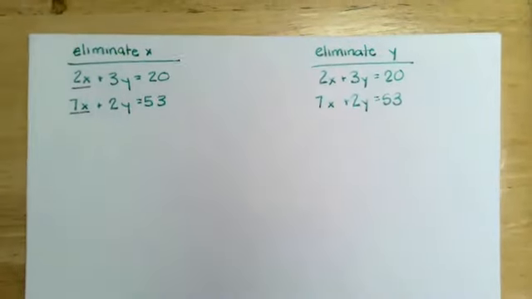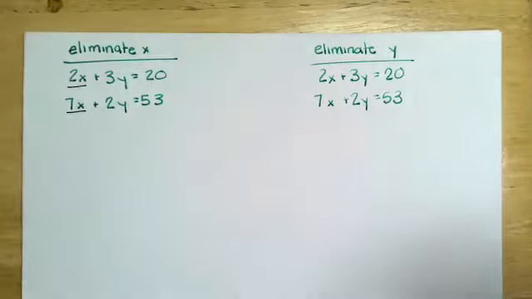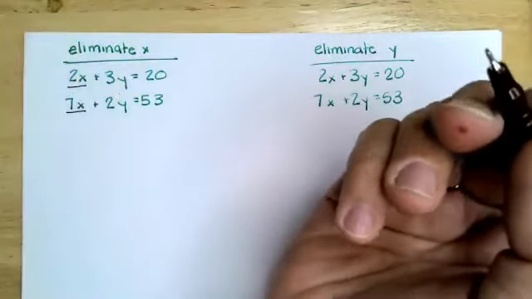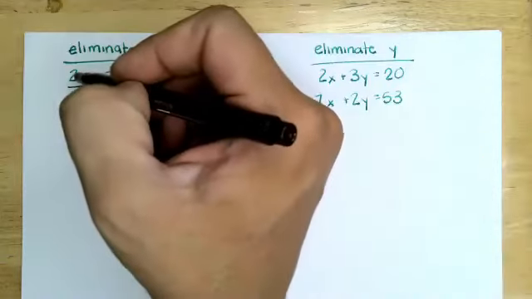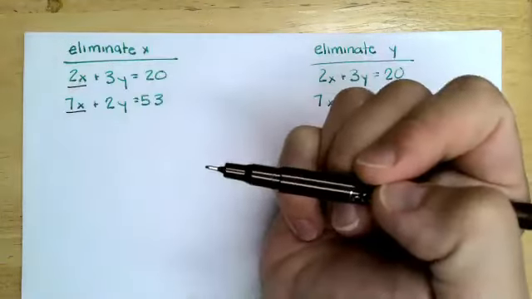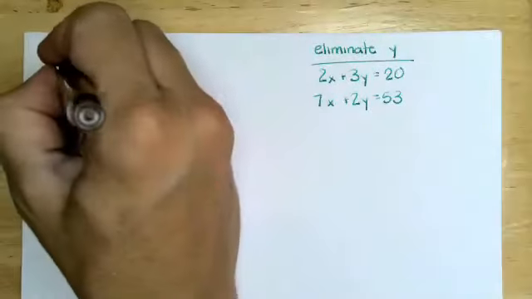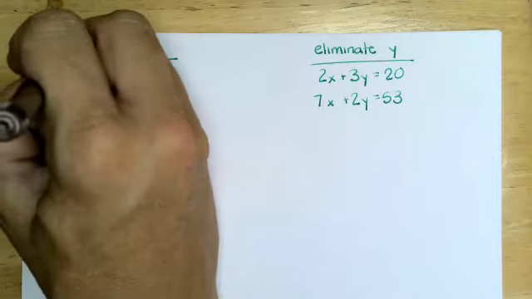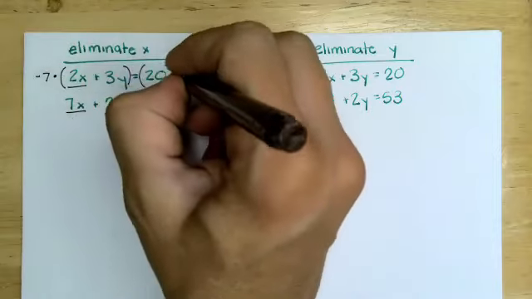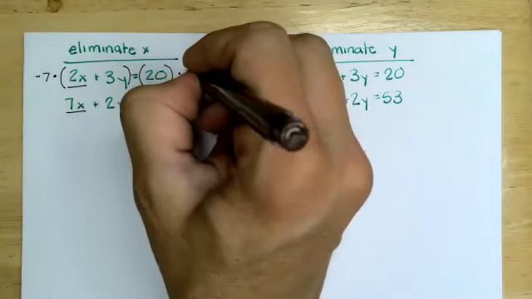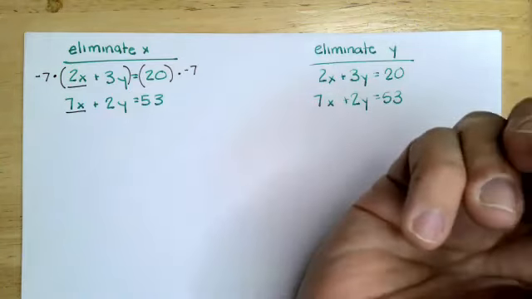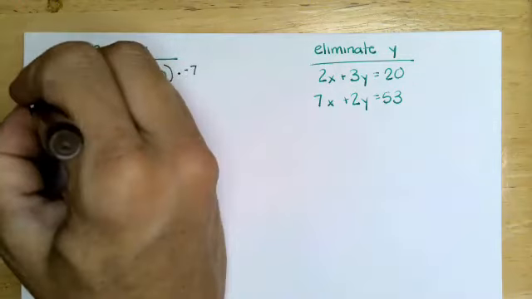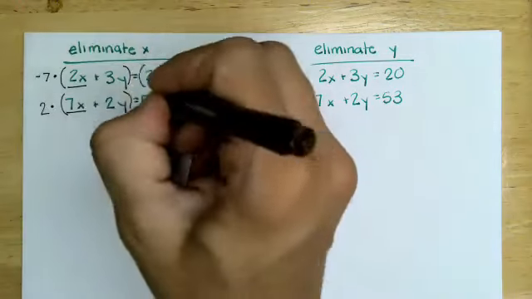The common multiple for 2x and 7x, the smallest one I can think of is 14, right? So I want to turn one of these into a positive 14 and one into a negative 14. So here I would just multiply by negative 7. And it doesn't matter if you choose negative or positive 7, as long as one becomes negative and the other is positive. So this time down here, I would multiply by 2.